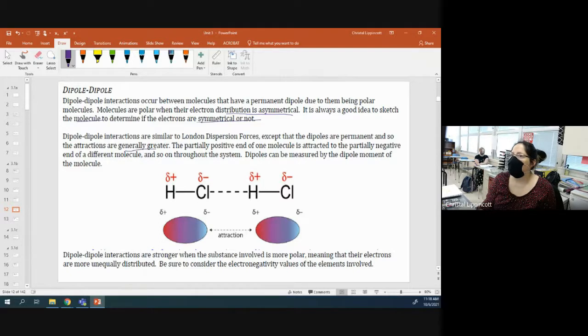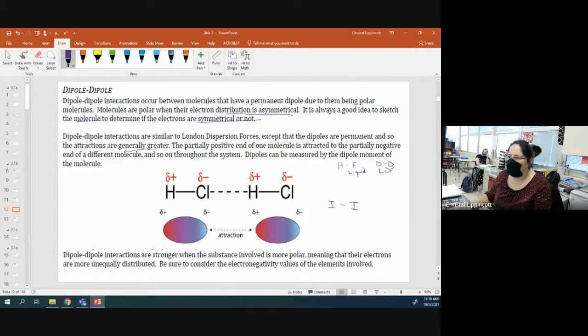Now, sometimes you will see problems where, for example, HF, there's not a lot of electrons here, and this is a polar molecule, so it's going to have dipole-dipole, and it's going to have London dispersion forces in it.